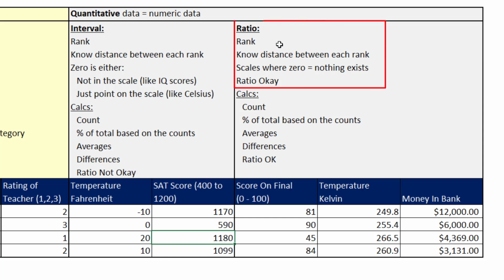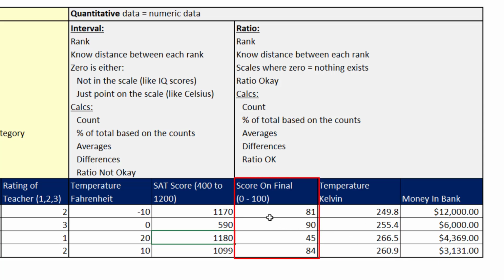However, if we jump over to ratio level data, we can rank this data, and we know the distance between each rank. And this level of data involves scales where 0 means nothing exists. When you have no money, that means no money exists. Kelvin temperature, that actually does start at 0, and it means no molecular kinetic energy.